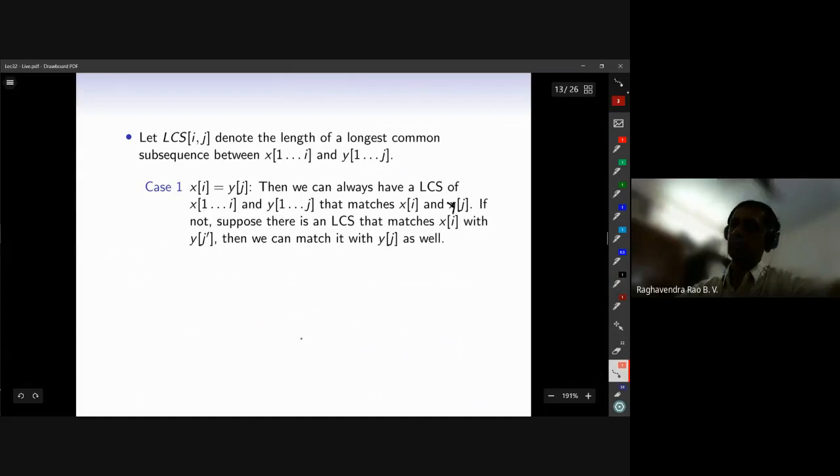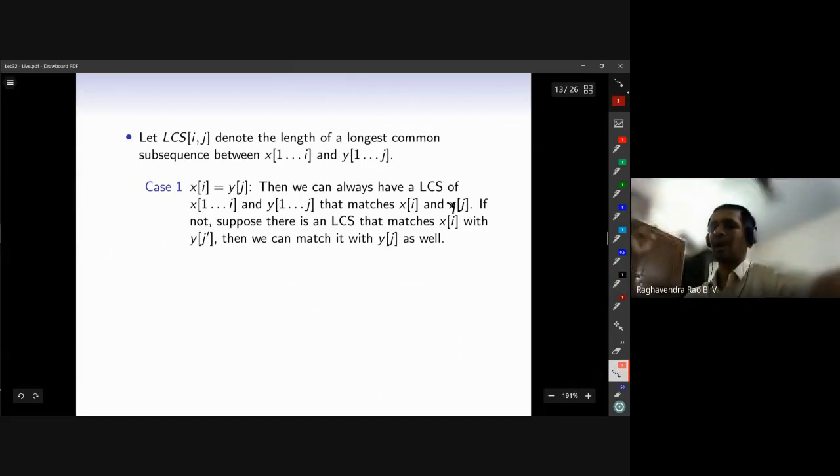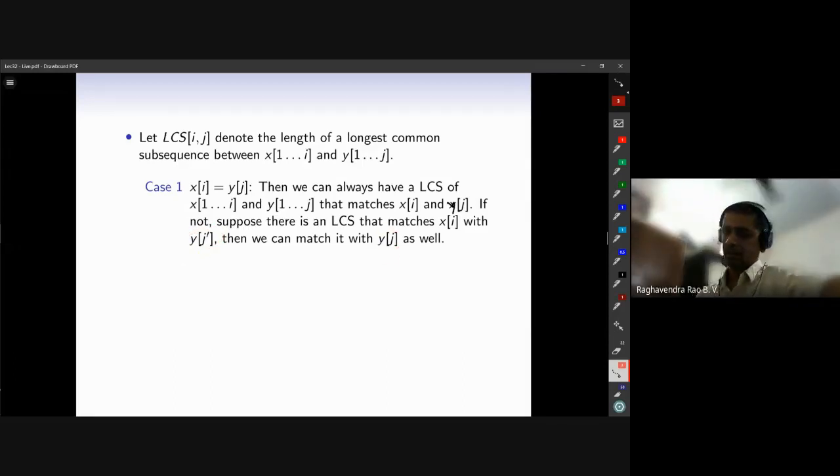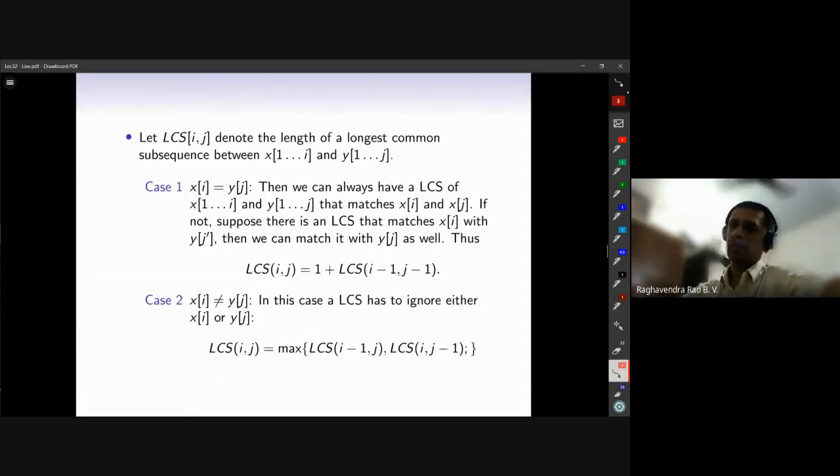Suppose there is an LCS that matches xi with some yj prime, j prime less than j, then we can match it with yj as well, because we can just consider the same sequence. If I remove yj prime and add yj, it's the same sequence. Nothing changes.